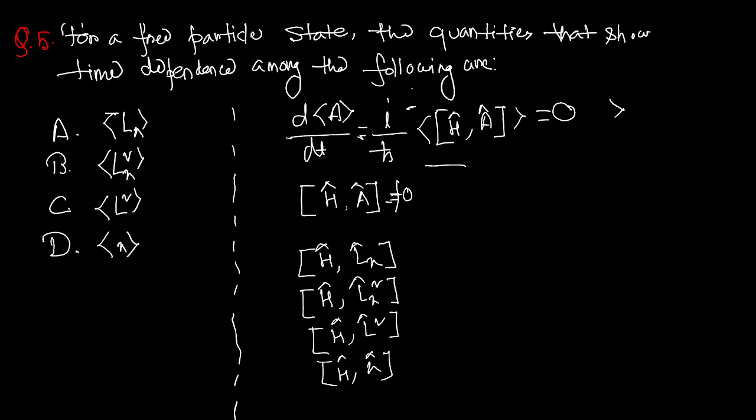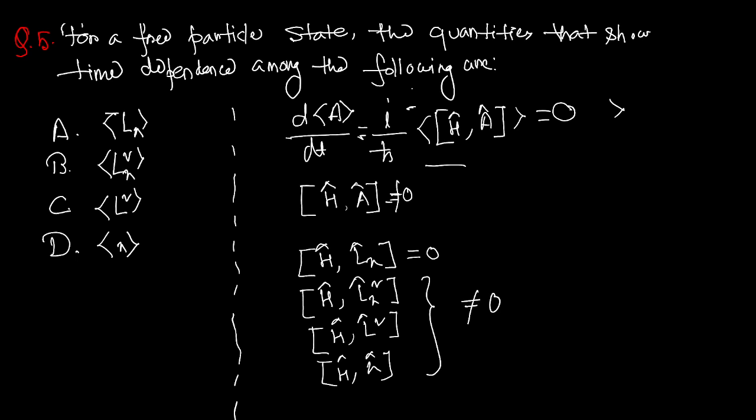Here we see the first one will be zero, but the other three will not commute, or the value of the commutator will be non-zero.